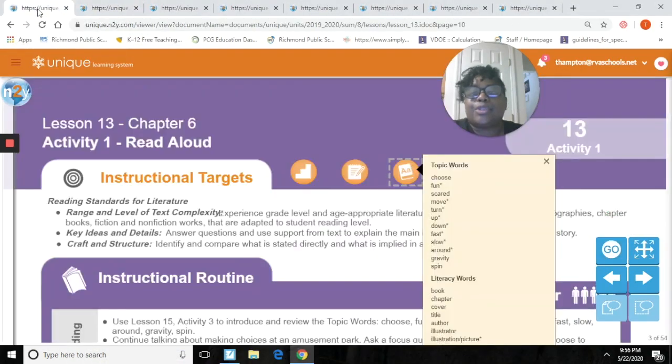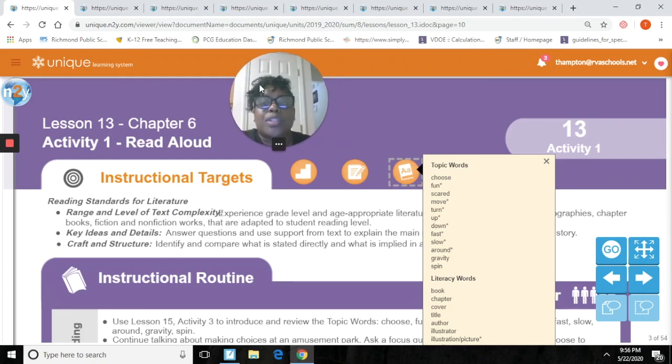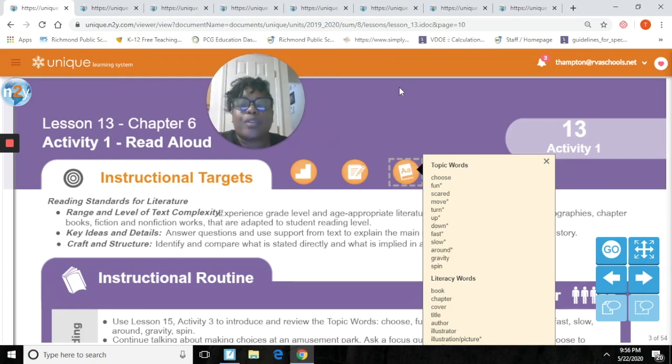Before we begin our story, you always know what we're going to do. We're going to go over those topic words first because I want you to be able to focus in on these words as we read the story. So what I want you to do is get your pencil and underline the words in the story. You can do this after we have finished reading the story. You can also use a highlighter to highlight the words, because a good thing to do is to be able to define your words using the story.